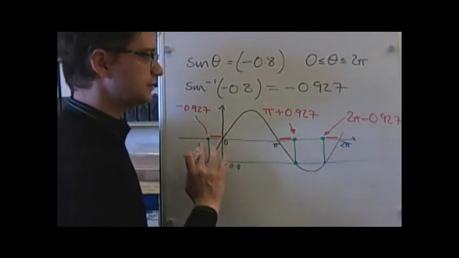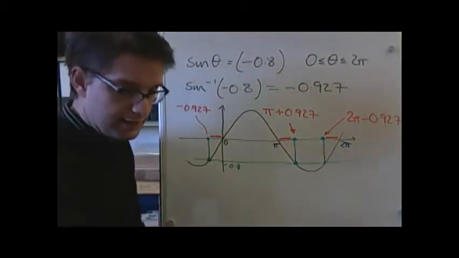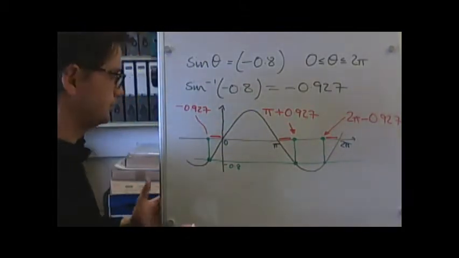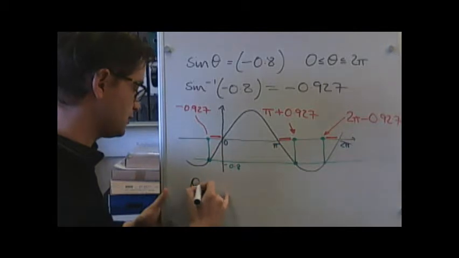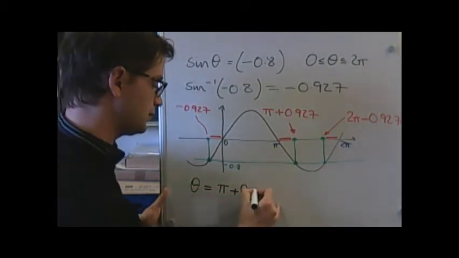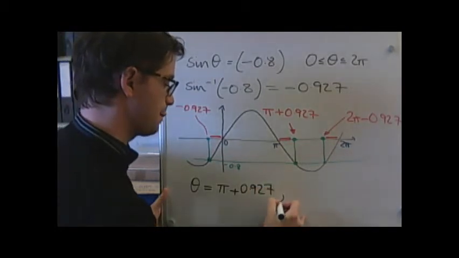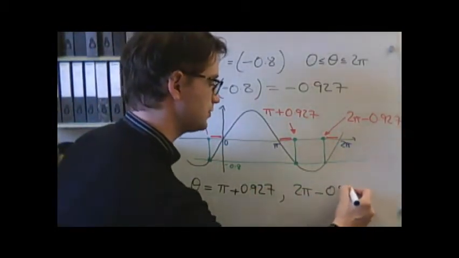So we get this symmetrical pattern. And so my values of theta that I'm interested in, the solutions that I want, are pi plus 0.927 and 2 pi minus 0.927.